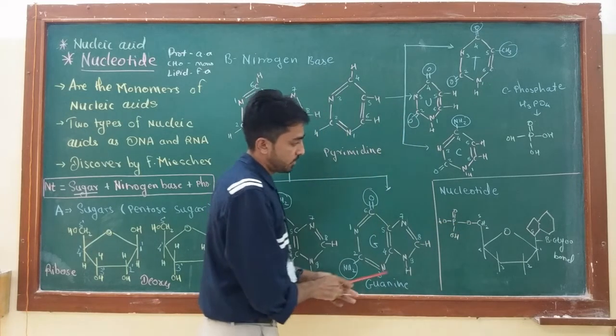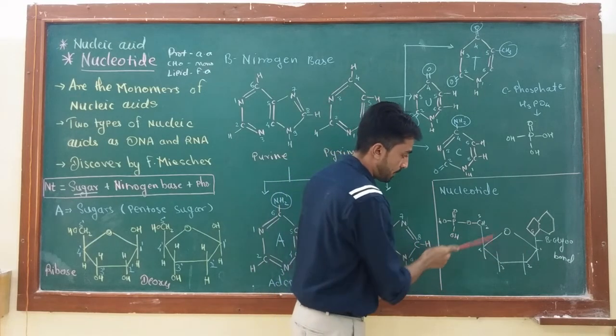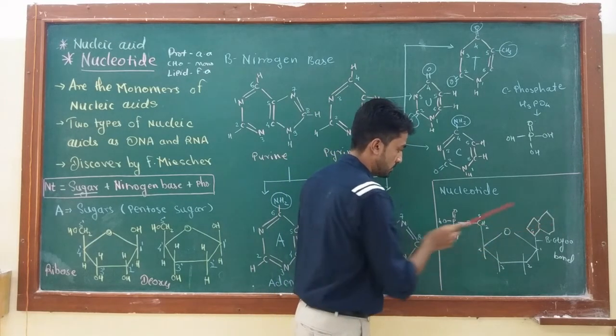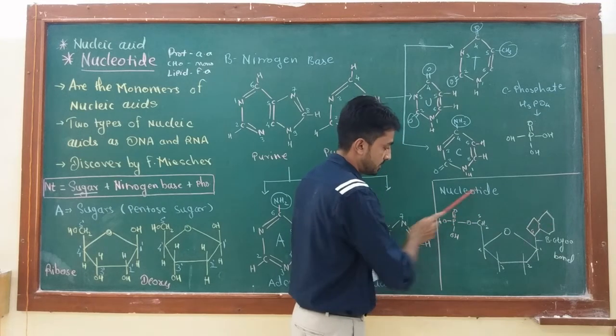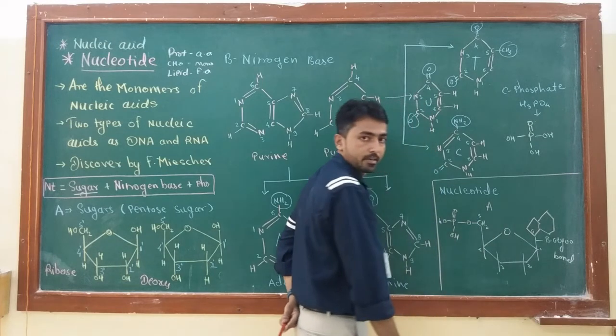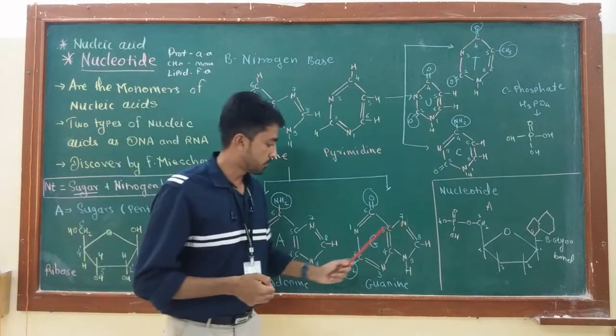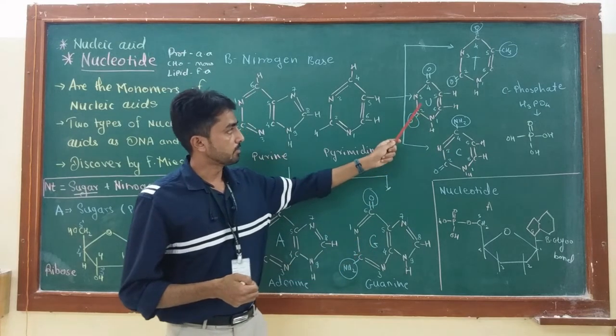Okay, in this way you can draw a structure of single nucleotide containing 1 pentose sugar, 1 nitrogen base and 1 phosphate. This is adenine nucleotide. In the same way, you can draw structure of guanine, cytosine, thymine or uracil.